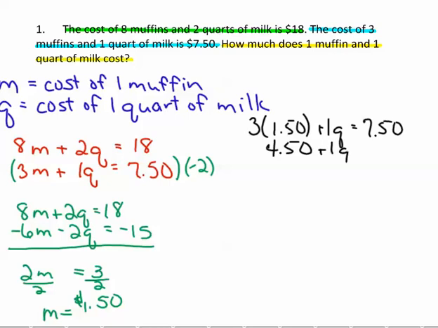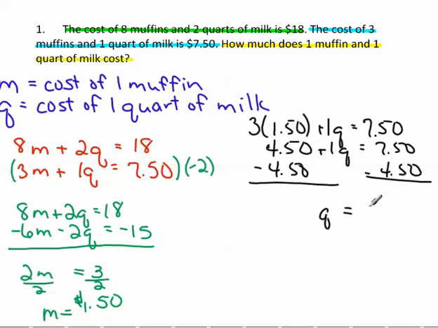Plus the 1q equals the 750. And this is solving for a single variable just like we've been doing together. So I can subtract the 450 from both sides. Nope, minus 450, not 550. And on the left side, I'm left with q. And on the right, I'm left with $3. So that tells me that a quart of milk is $3.